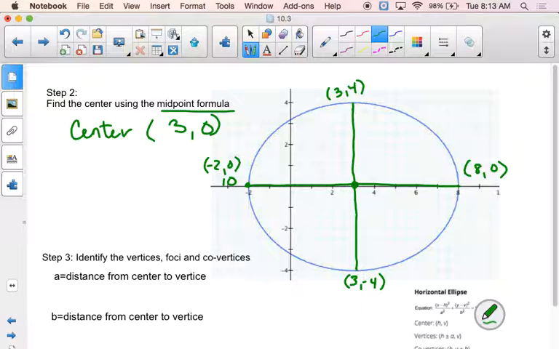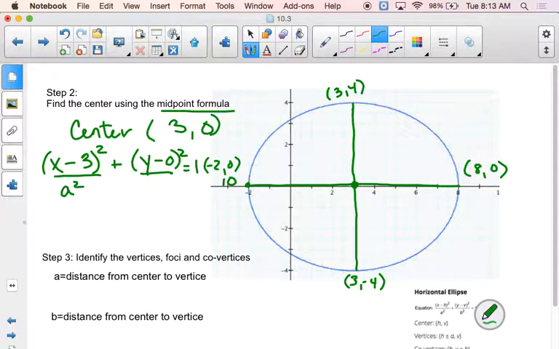Okay, so that means that I can fill in part of my equation. So x minus 3 squared, y minus 0 squared equals 1. And I still need to find my a and my b.